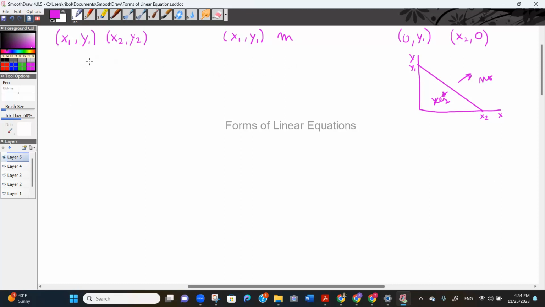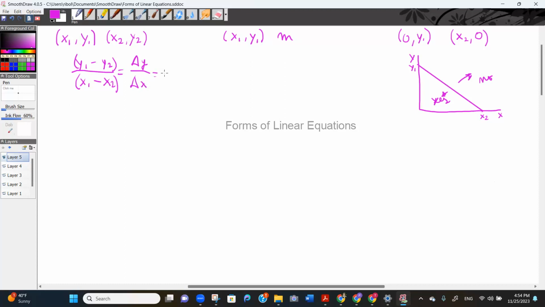But those are the different cases. We have seen that when we are given 2 points, we can find the slope. So we find the slope: y1 minus y2, that is going to give us the delta y, divided by x1 minus x2, that is going to give us the delta x.